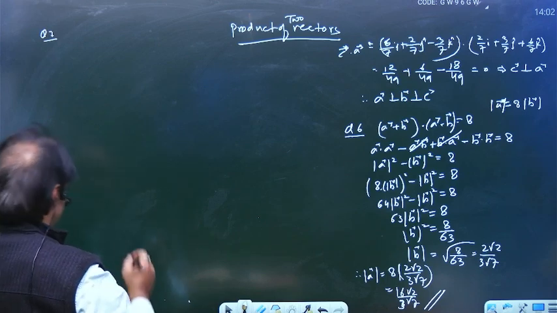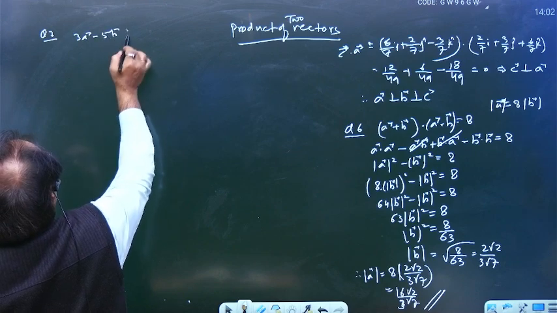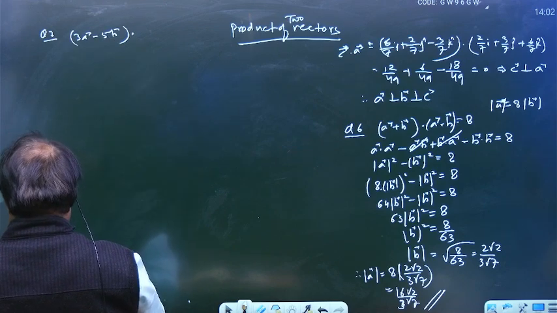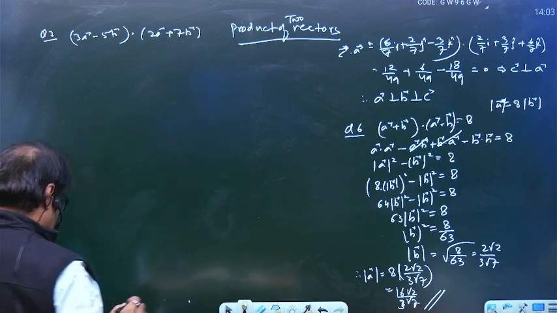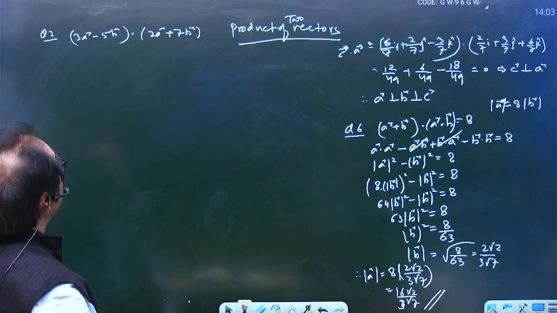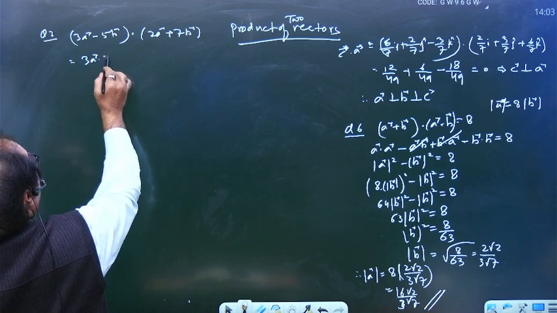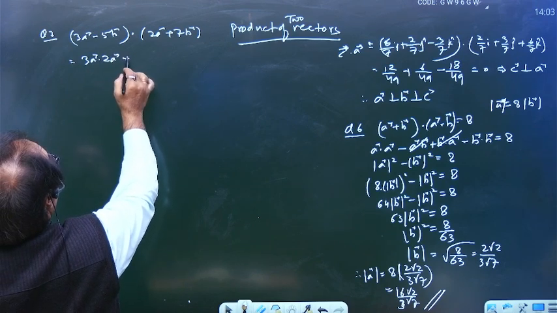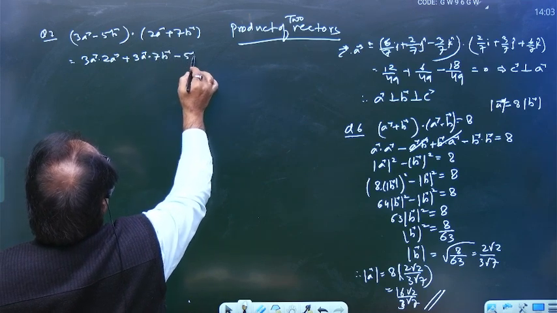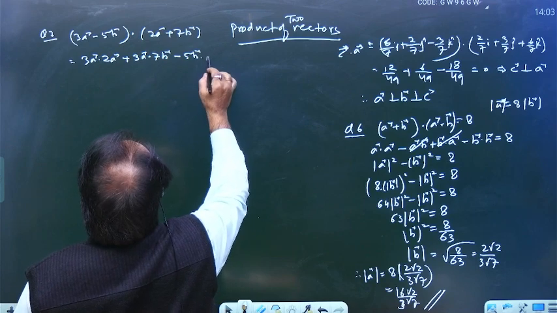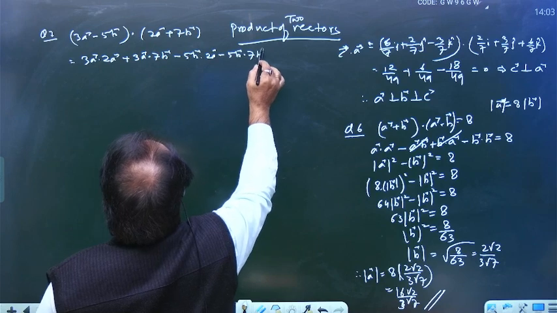The seventh question is: evaluate the product (3a vector minus 5b vector) dot (2a vector plus 7b vector). So in between the two vectors, the dot is given, so apply the dot product. This is 3a dot 2a plus 3a dot 7b minus 5b dot 2a minus 5b dot 7b.